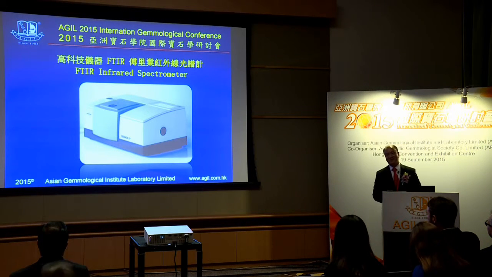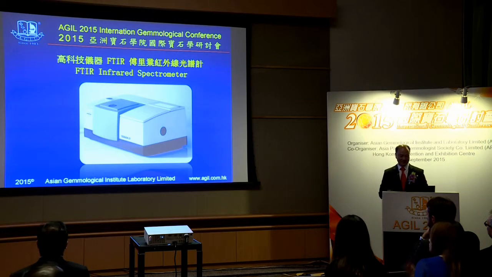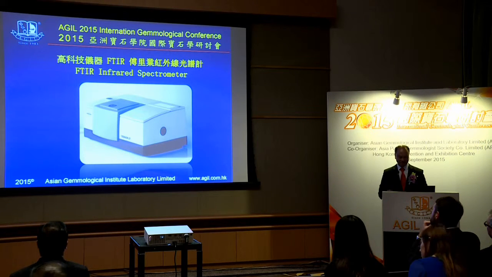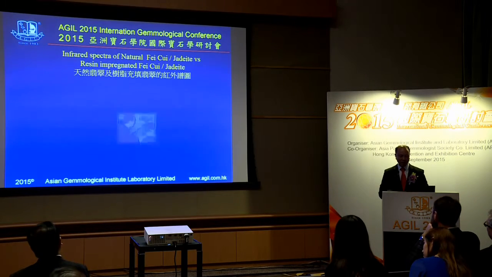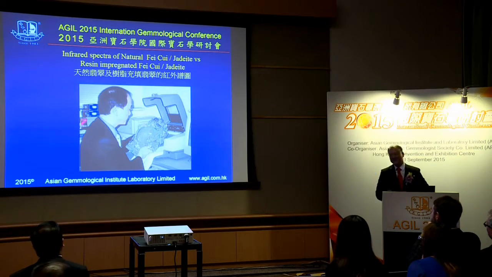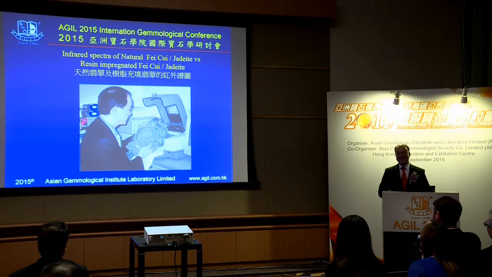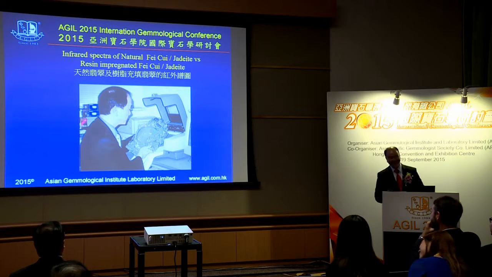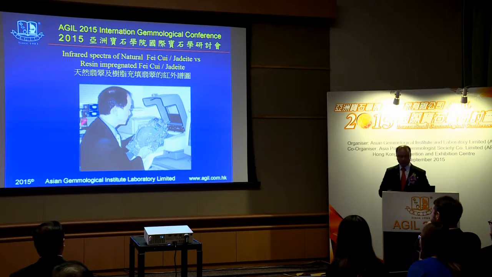One of the conclusive instruments to test natural and synthetic jade is the infrared spectrometer. Let's look at me 20 years ago, Dominic Mok. At that time, I had a little more hair. This is where I used the infrared spectrometer to test a very large piece of jade.